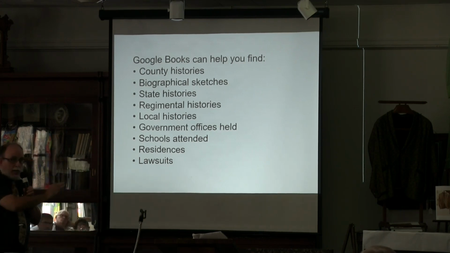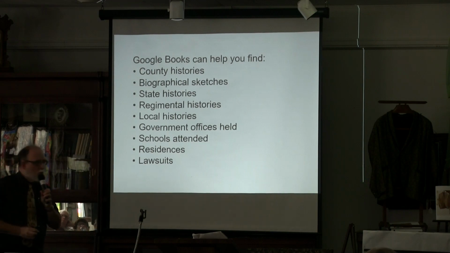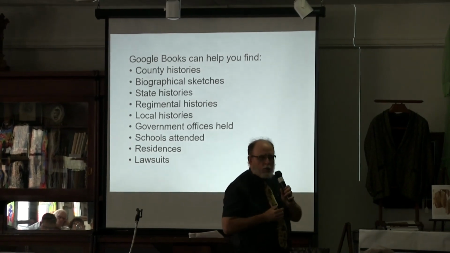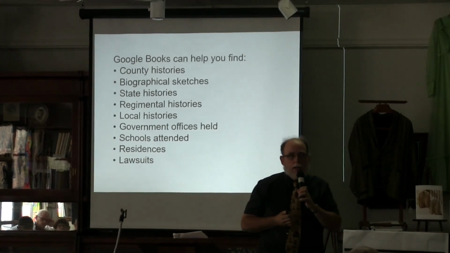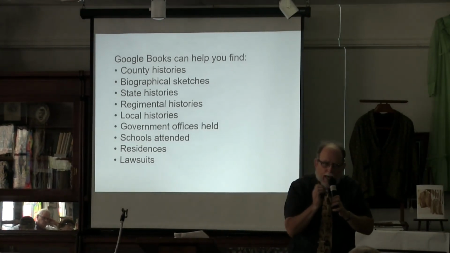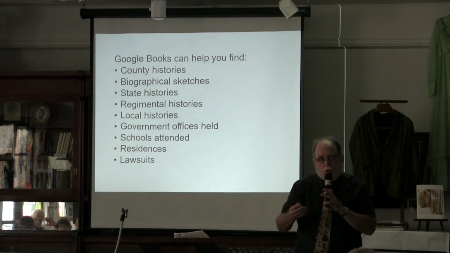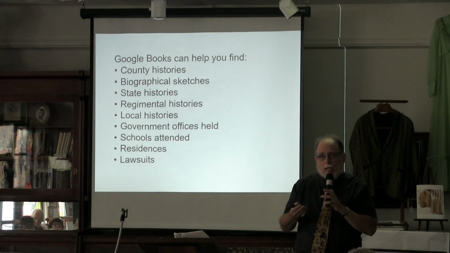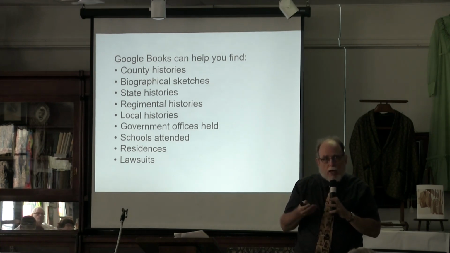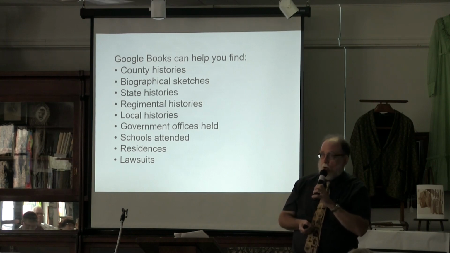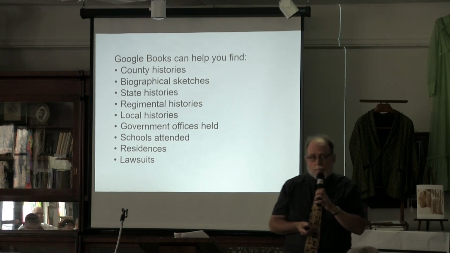There's a great potential here that you might find some scrap of information, some detail, that by itself might not mean much. But if you add it to the other details that you have been documenting, it can start to give you clues about who was this guy, this ancestor of mine. What was his story?